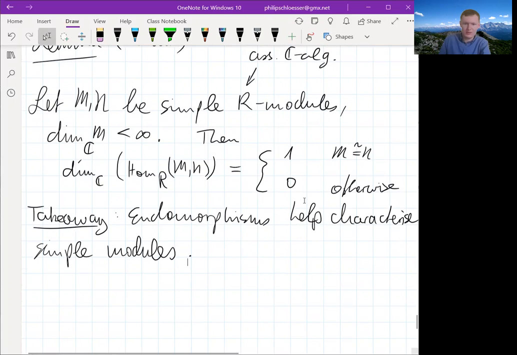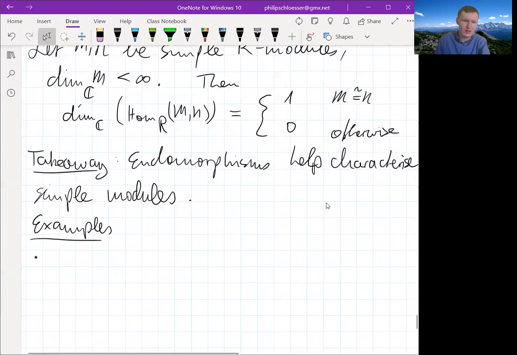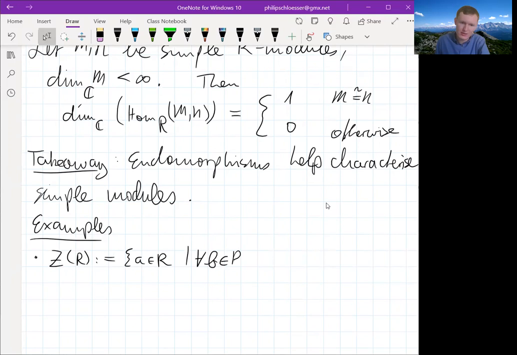One example, or general examples of this, is the center of an algebra. So the center of R is defined as the elements that commute with every other element.